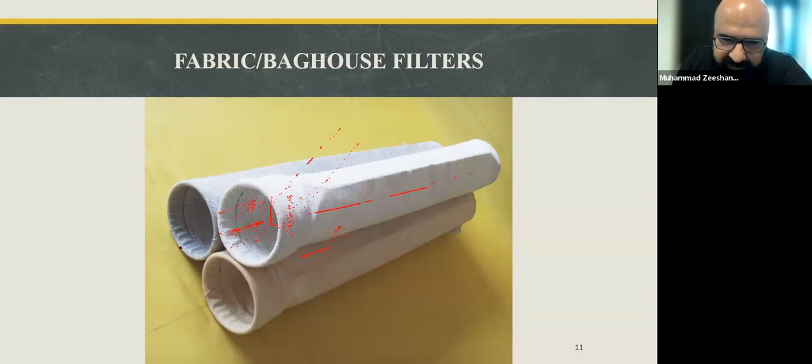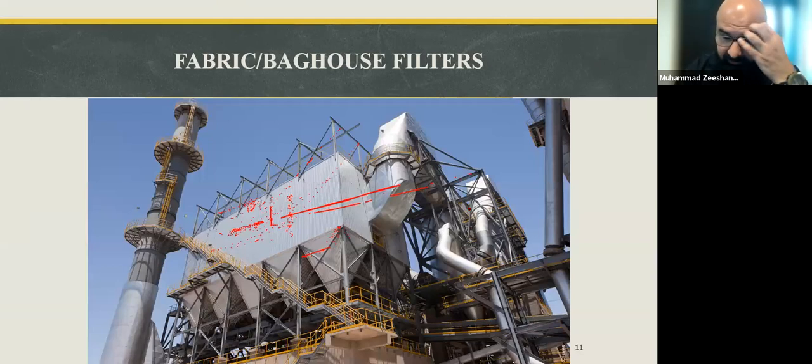We are using a filter in this shape because that gives us a lot of surface area, and we know the higher the surface area of the filter, the longer we can use that filter before we need to clean it. This is how baghouse filters look in the industry.